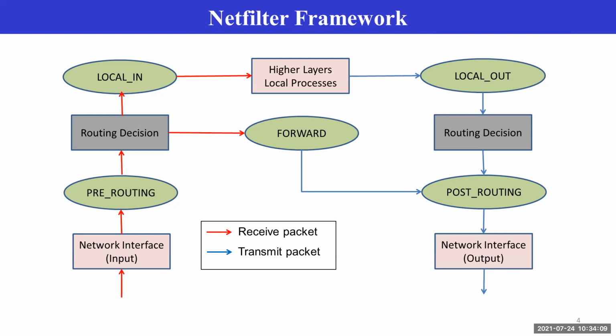If it is destined for the same machine, then after the LOCAL_IN callbacks are called, and if the packet is not dropped by the LOCAL_IN callback routines, the packet is passed to the higher layer for further processing, for example TCP, UDP, ICMP and so on. Finally, the packet reaches the application.